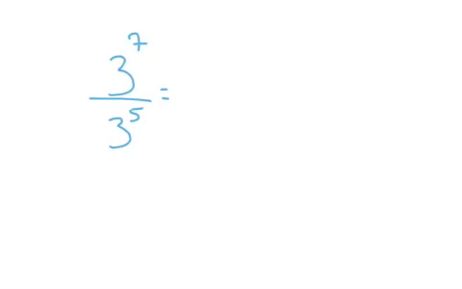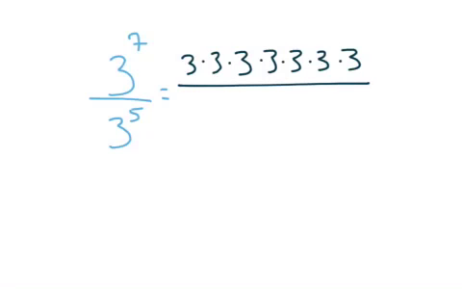So let's take a look at this. If I have 3 to the 7th divided by 3 to the 5th, I could literally write this out. So in my numerator, I could be rewriting 3 7 different times. Let's count to make sure I have 7. 1, 2, 3, 4, 5, 6, 7. In my denominator, I'd be rewriting 3 5 times.